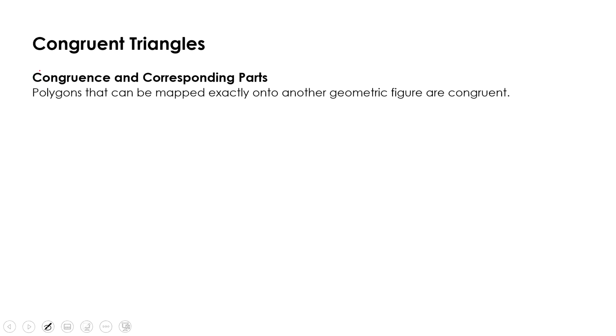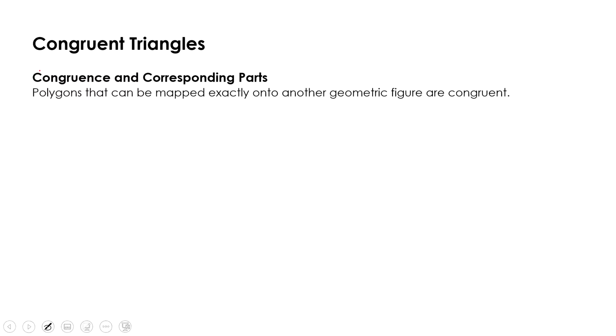Okay, congruent triangles. Really congruent polygons as a whole, but mostly triangles are what we're looking at. Basically, they can be mapped exactly onto one another, another geometric figure. Remember last unit we did the whole thing on transformations with rotations and reflections and translations.